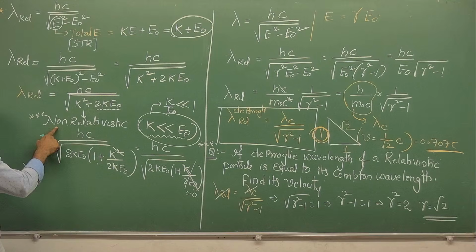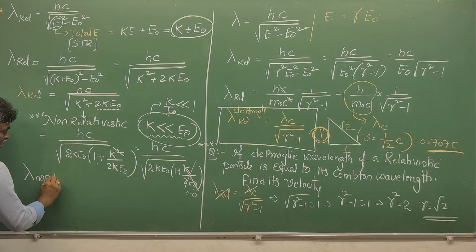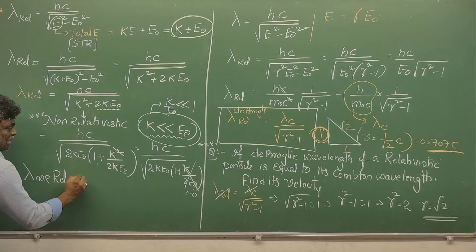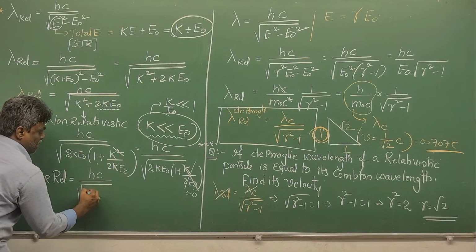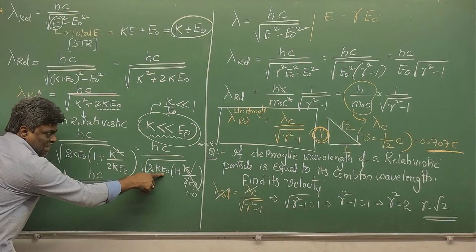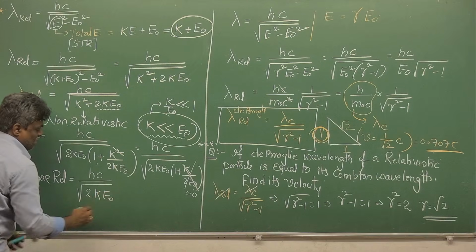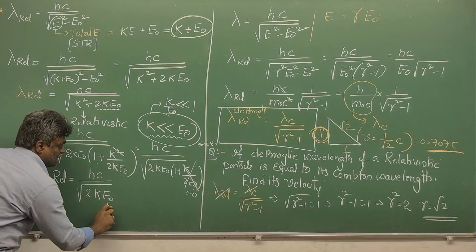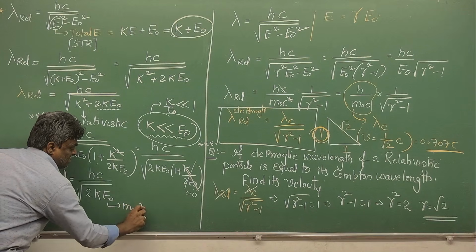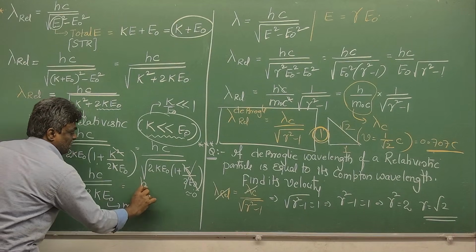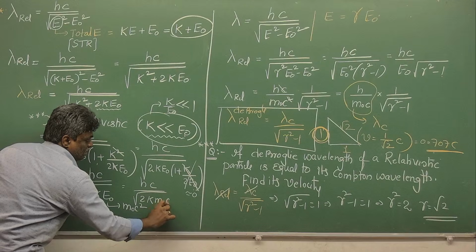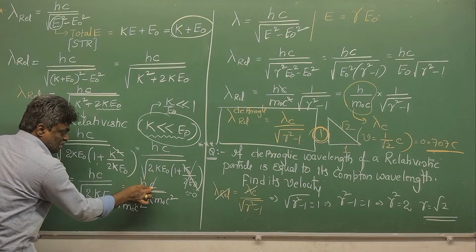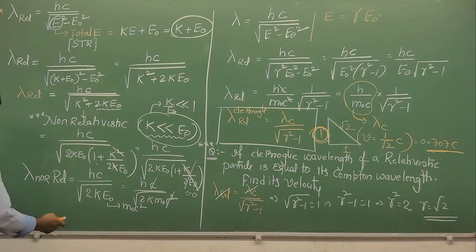So the de Broglie wavelength of a non-relativistic particle equals hc over under root 2K E naught. I hope everybody knows what the rest energy is. Rest energy is m naught c square. So hc over under root 2K m naught c square. C and c square get cancelled. That's it. Your de Broglie wavelength is ready.